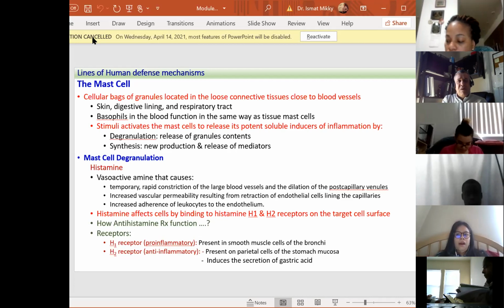That's why people with seasonal allergy have a runny nose, tearing eyes. All these secretions come from the histamine. And when they take the antihistamine, that will most likely resolve the problem.